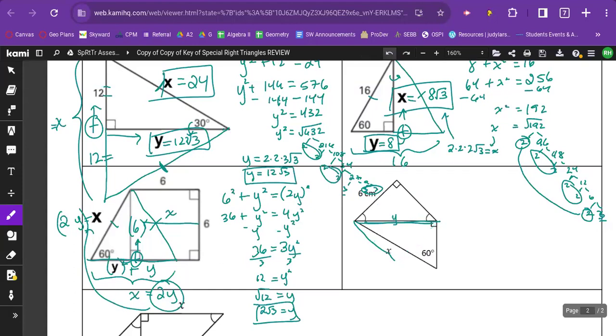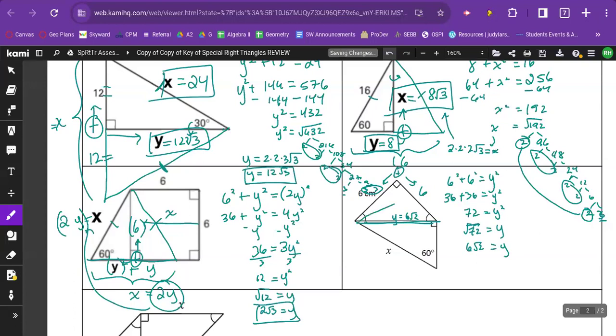I've got the 6 over here, so going around the right angle, I've got 6 squared plus 6 squared equals y squared. 36 plus 36 equals y squared. 72 is y squared. So the square root of 72 is equal to y, which simplifies down to 6 root 2 for y. So this is 6 root 2.